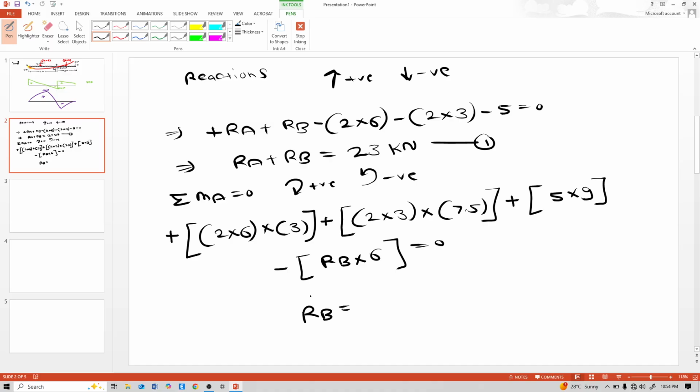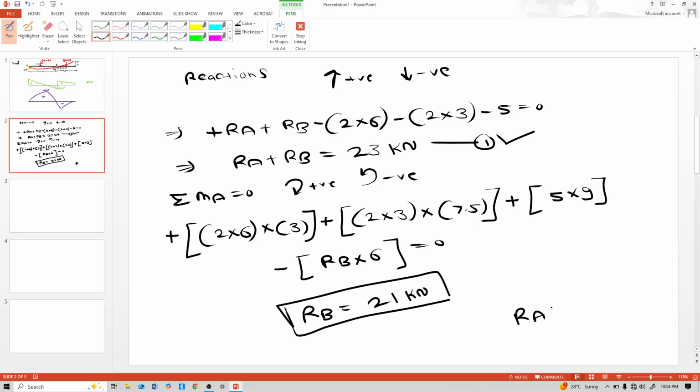Positive 2 into 6 into 3 plus 2 into 3 into 7.5 plus 5 into 9 minus RB into 6 equal to 0. So it is 21 kilonewton. Now put this RB value in equation 1.